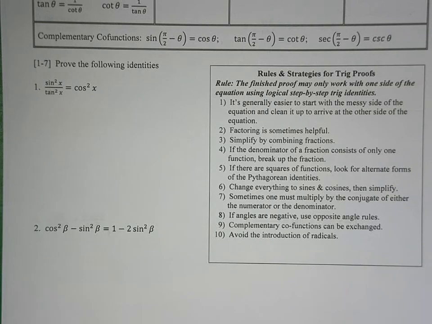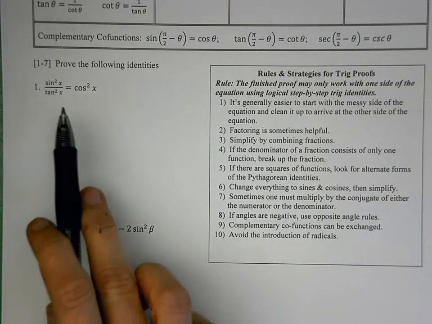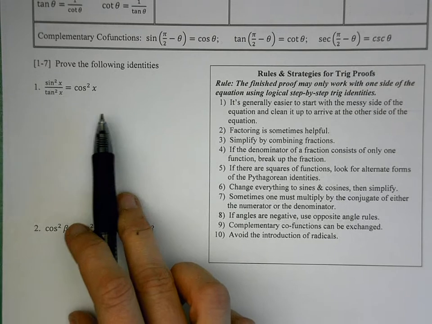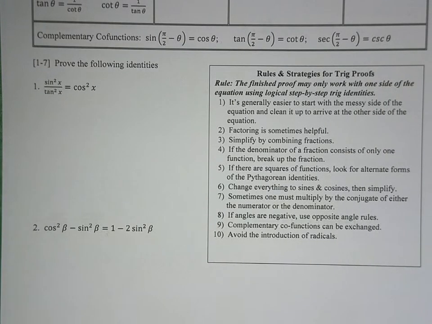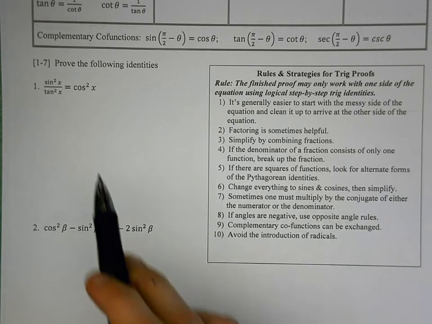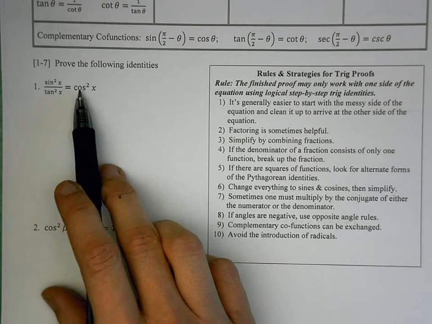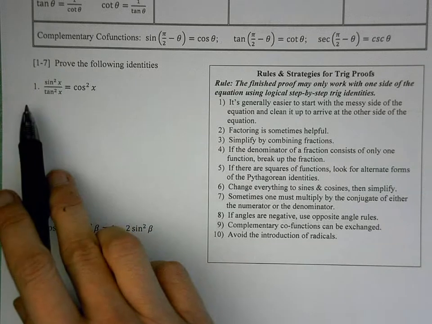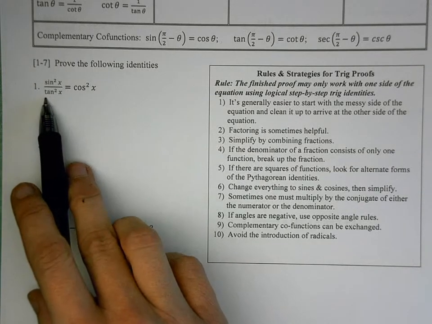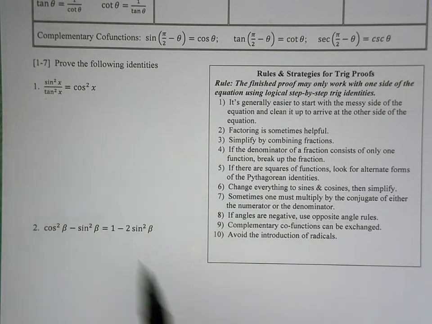What I mean by that, and what we mean by that, is this. If you take a look at number 1 here, we've got sine squared x over tangent squared x equals cosine squared x. Our goal, and I referenced this in the objective 2 video, is to try to get one side of this equals to match the other. And what you're going to see as we get into these is, technically speaking, you can work with either side. I can work on the left or the right.